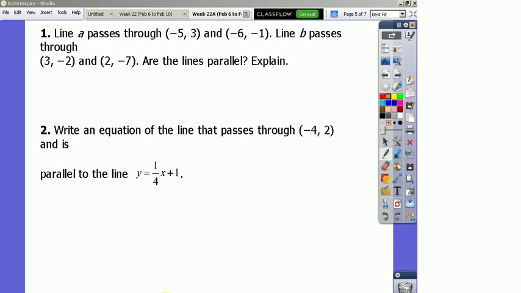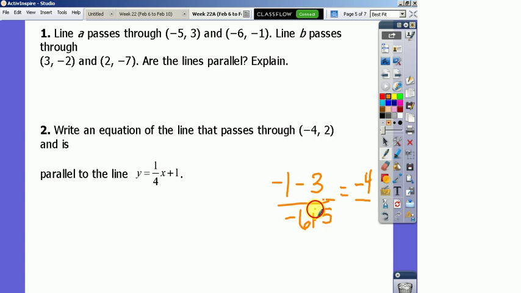So I'm going to find the slope between the first 2 points. So how will I do that? Y2 minus Y1 over X2 minus X1. So with those points, what would that look like? Negative 1 minus 3 over negative 6 minus negative 5. So for the first slope, you have negative 4 on top.